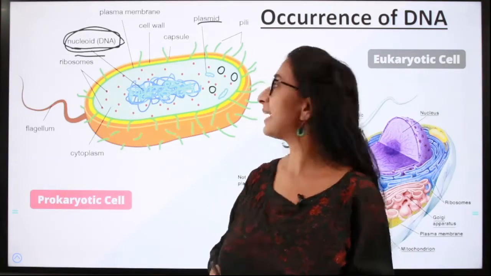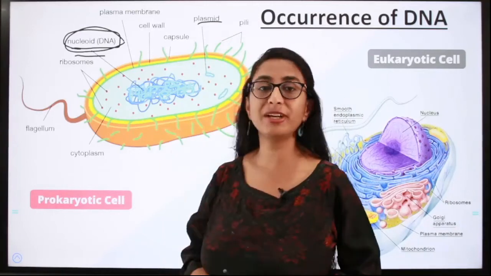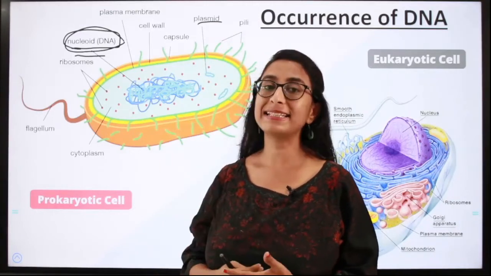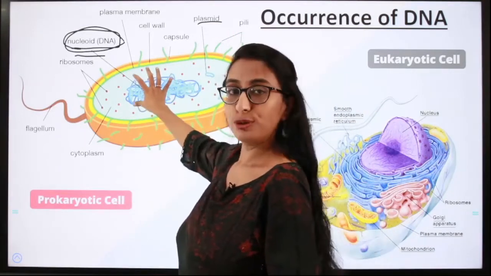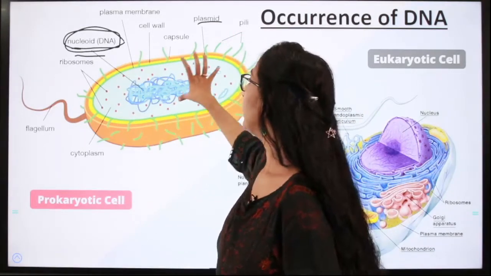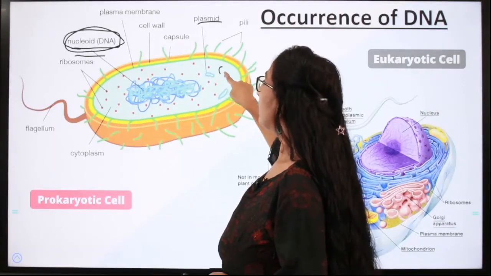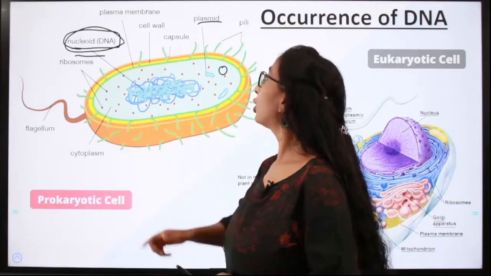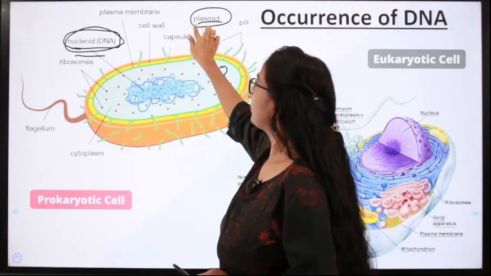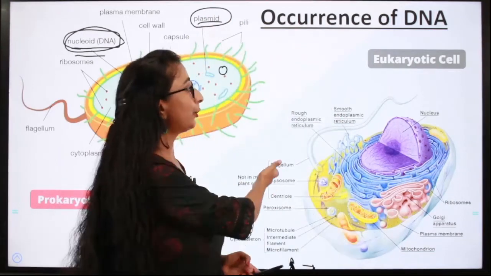So how exactly these plasmid molecules are utilized in genetic engineering experiments? We shall discuss that in our future lectures. So, in addition to the nucleoid DNA, in a bacterial cell, you have circular DNA molecules which are capable of self-replication called as plasmids. Got it?